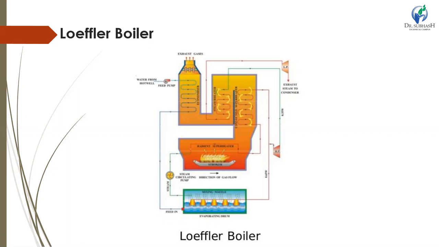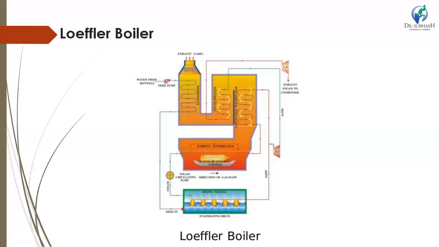Feed water from the feed tank is supplied to the economizer by the feed pump. The feed water is preheated by hot flue gases flowing over the economizer from the furnace toward the chimney.